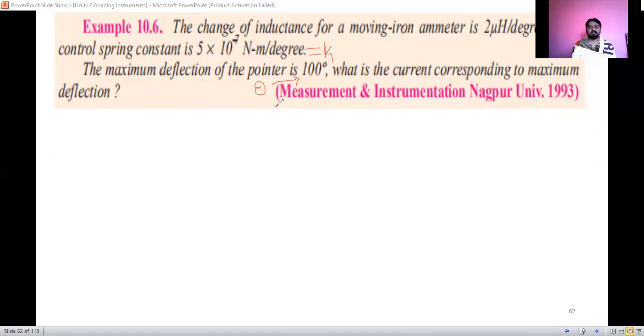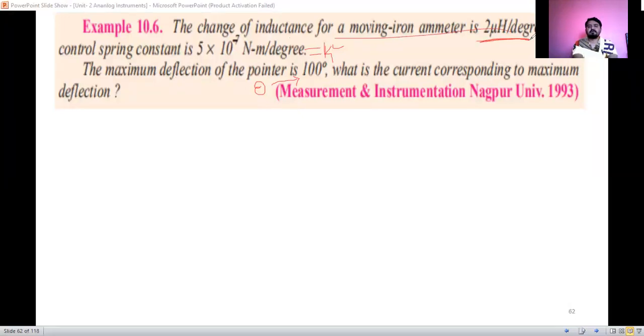Okay, you are going directly to the last equation, no problem. Here K is given, theta is given. Can you tell me what this one is? The change of inductance for a moving iron meter is 2 microhenry per degree.